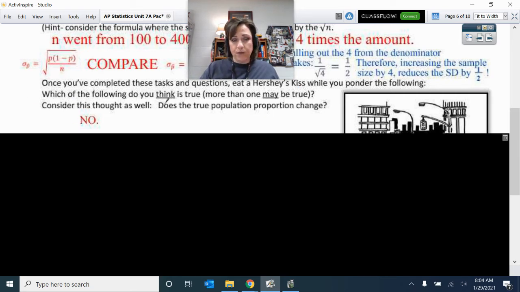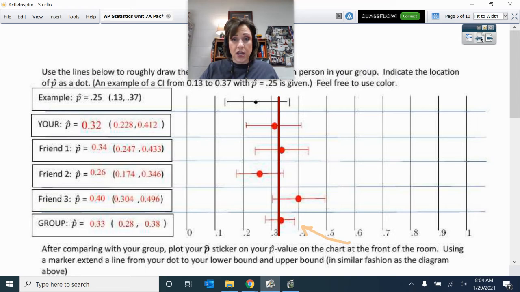Consider this thought as well. Does the true population proportion change? So is this red line a value that changes because of you getting different intervals and such? And this is a big deal. No. That line, that population amount, is set.